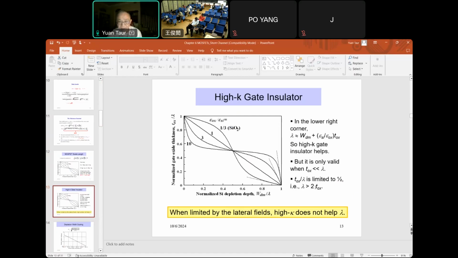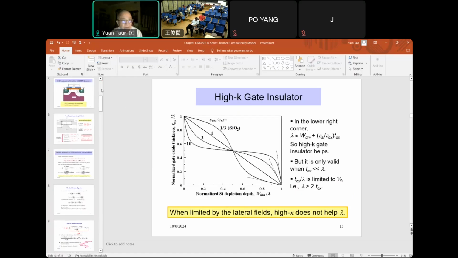So for very high K, the limitation is given by this 2 T ox. And the physical implication is that when in this corner, this is due to the vertical field. For the vertical field, we have the dielectric constant.